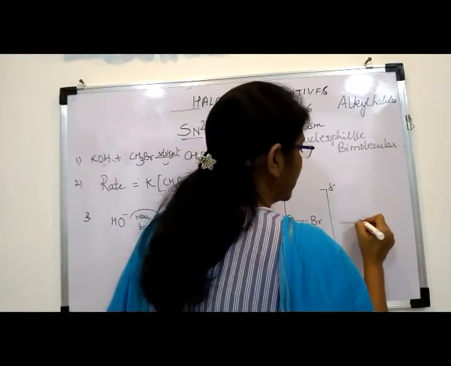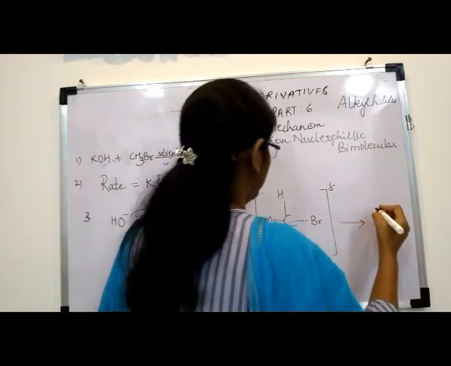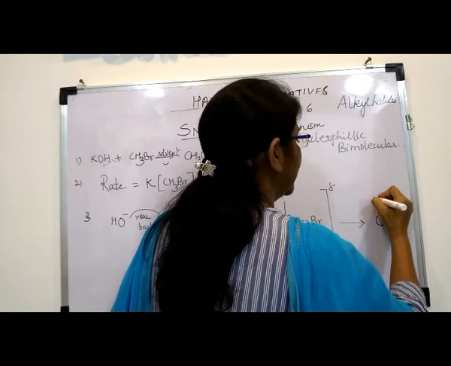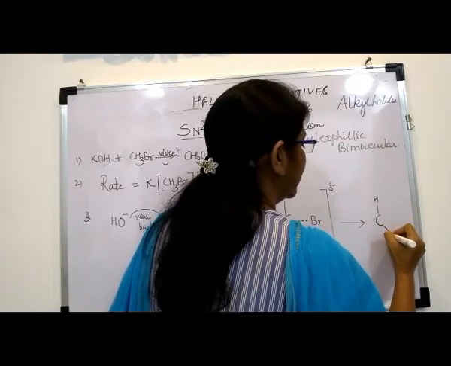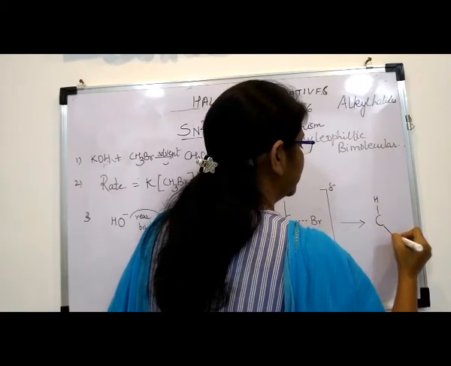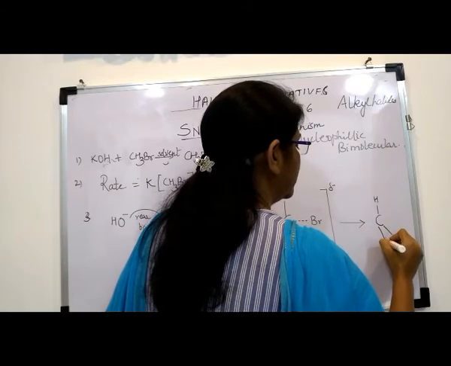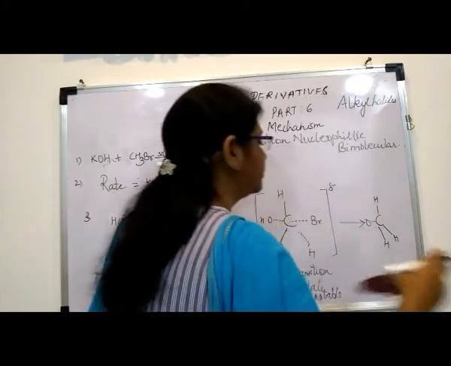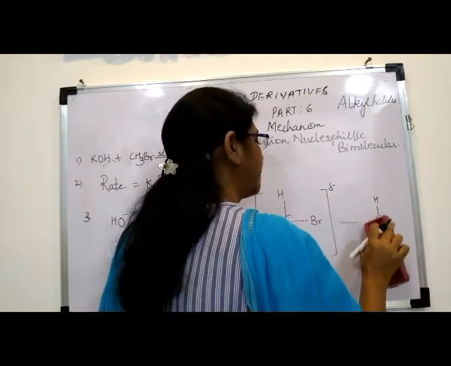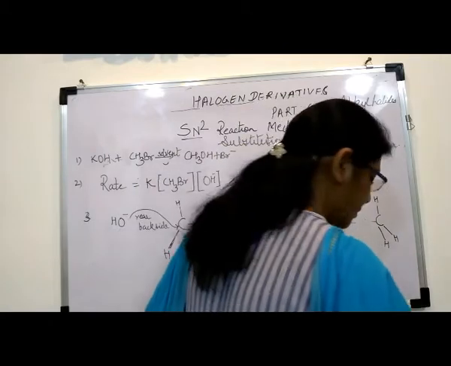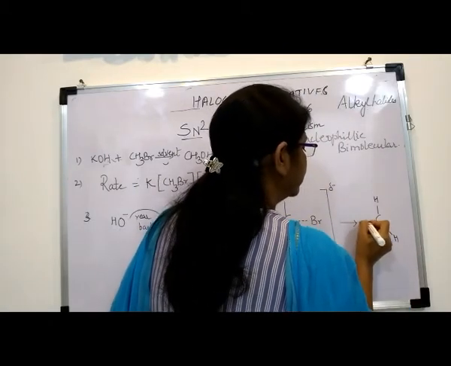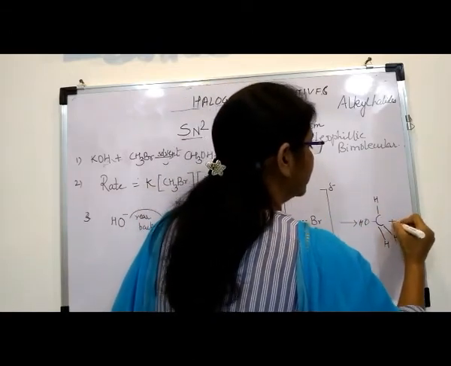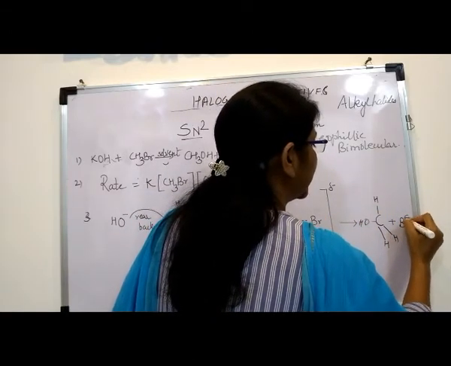It is highly unstable. And then immediately what will happen? This will break down to form the product, that is CH3OH, plus Br minus leaving.